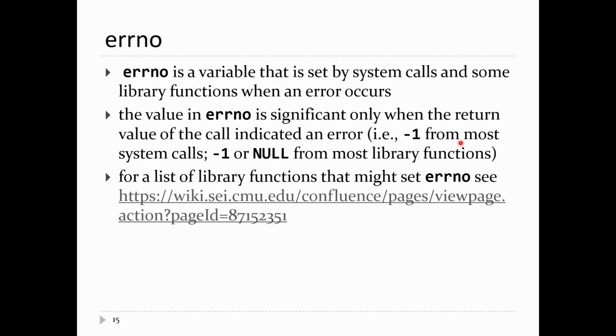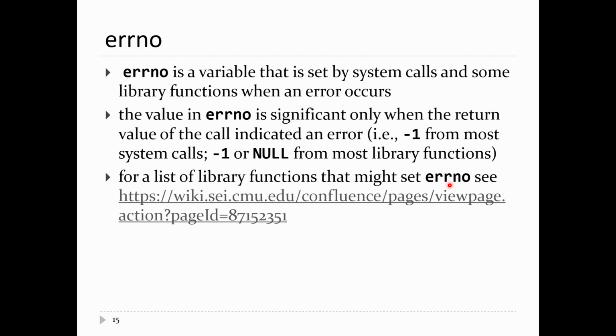Most system calls return -1 if there's an error. The library functions are not consistent at all. For the C standard library functions, you have to look at every function to see what it returns on error. Most of them return -1, some return 0, some return null, and some return other values. So there's not really any consistency in how this works.